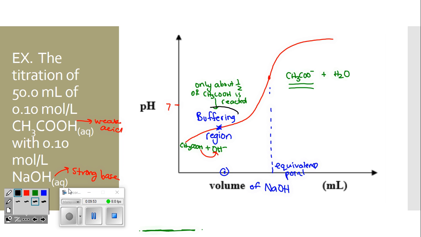So in this buffering region right here, because of that scenario, I have roughly equal amounts of weak acid and conjugate base.